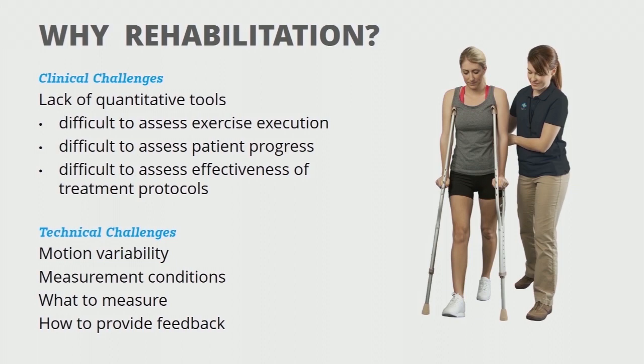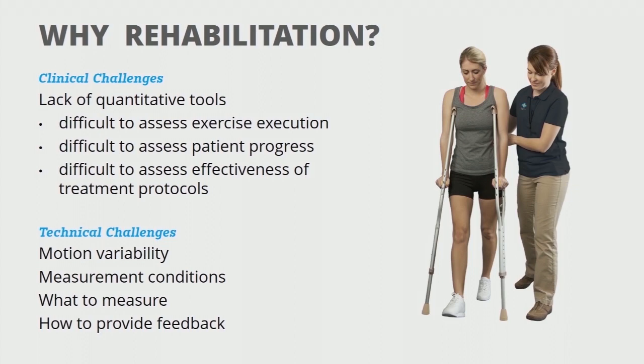And their assessment will be based primarily on visual observation and subjective feedback from the patient. This makes it very difficult to detect if the patient is doing the exercise correctly. It makes it difficult to assess the patient's progress, and it makes it difficult to assess the effectiveness of exercise protocols. So we would like to develop quantitative tools to help address these clinical needs.